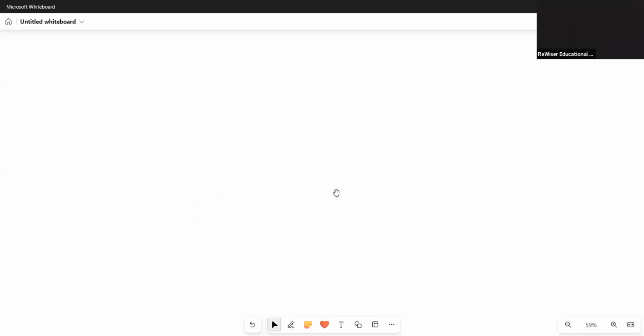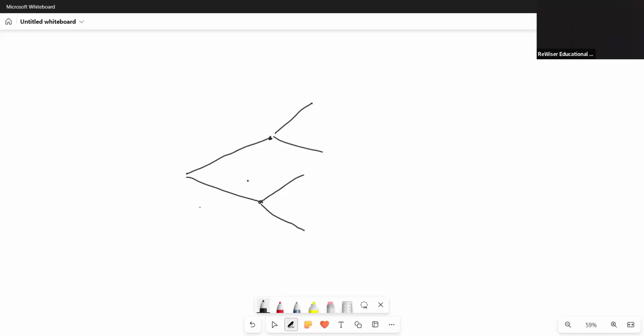Now, the other very important property of a tree diagram is this: if we are traveling across the branches, suppose that's a junction and we have two or multiple branches here.